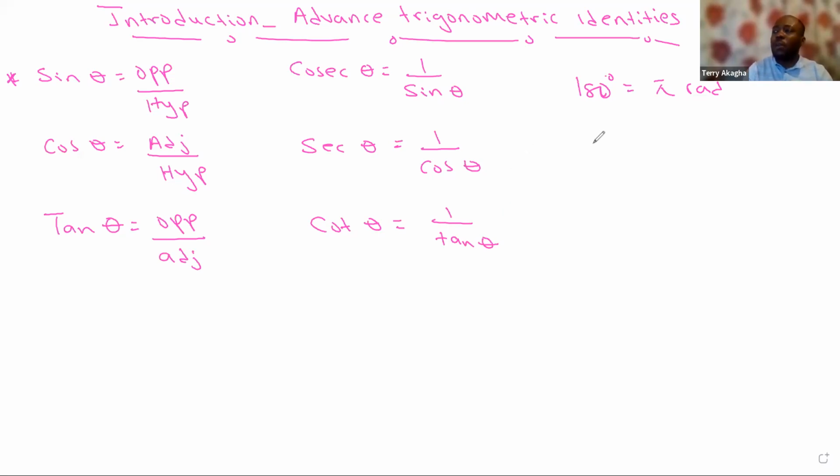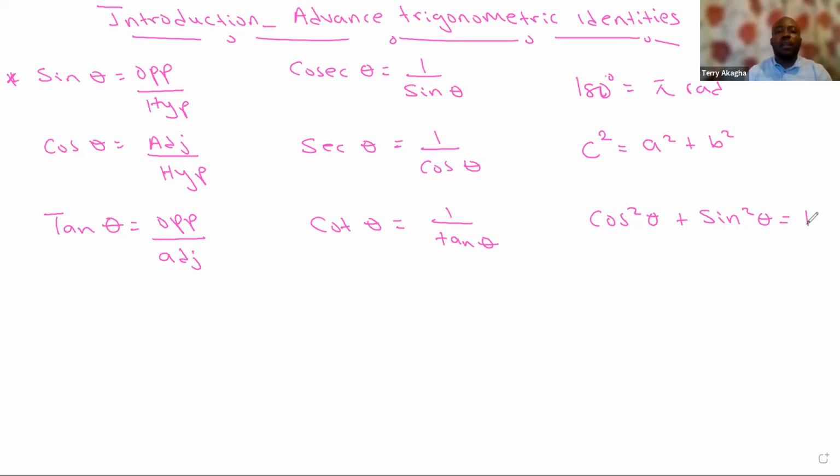We also talked about Pythagoras theorem, where we said c squared is equal to a squared plus what? B squared. And the last one we talked about was cos squared theta plus sine squared theta is equal to 1. We talked about this and also applied it in solving several questions.